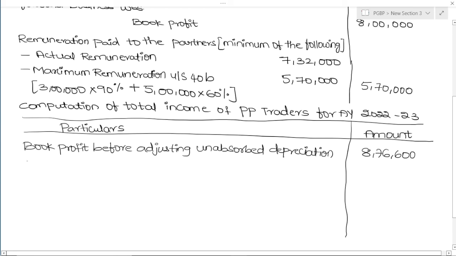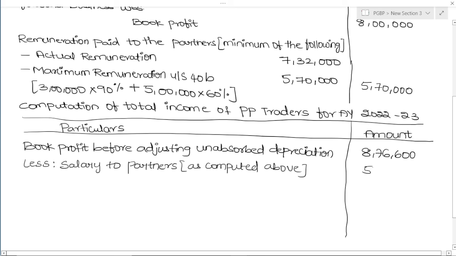From that we have to reduce salary. That's already commonly to be done. So write down salary to partners as calculated above. We calculated 5,70,000, right? That we have to deduct. So salary to partners as calculated above 5,70,000. So from 8,76,600, if we deduct 5,70,000, how much we will get?